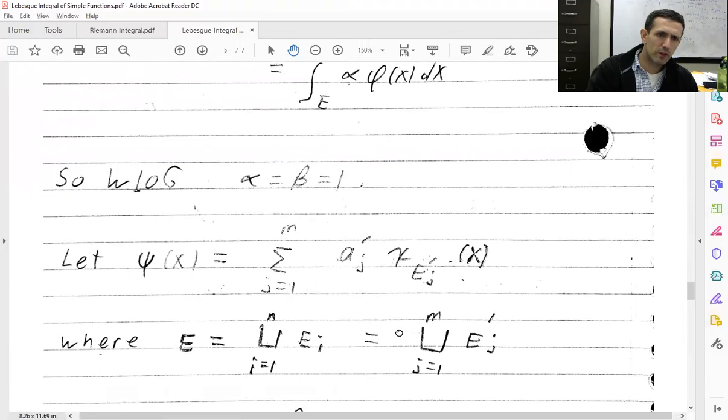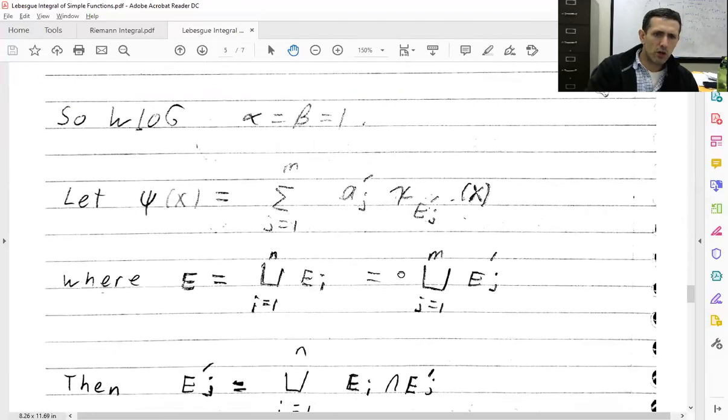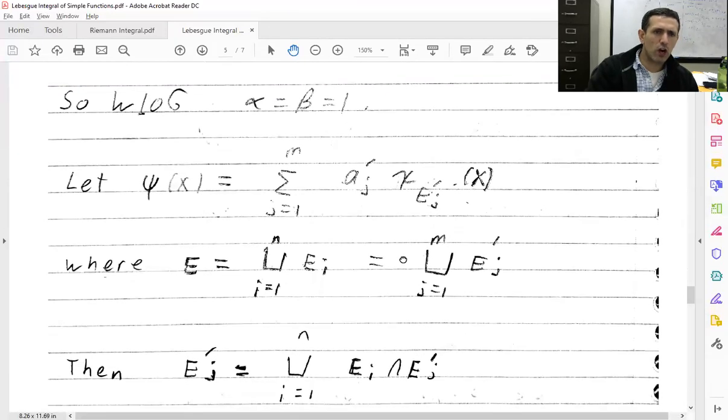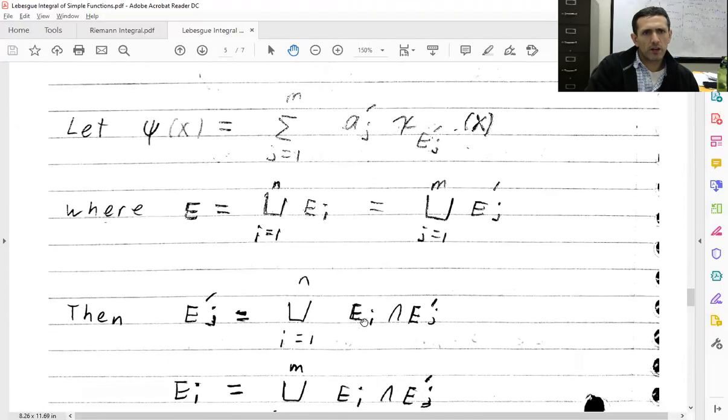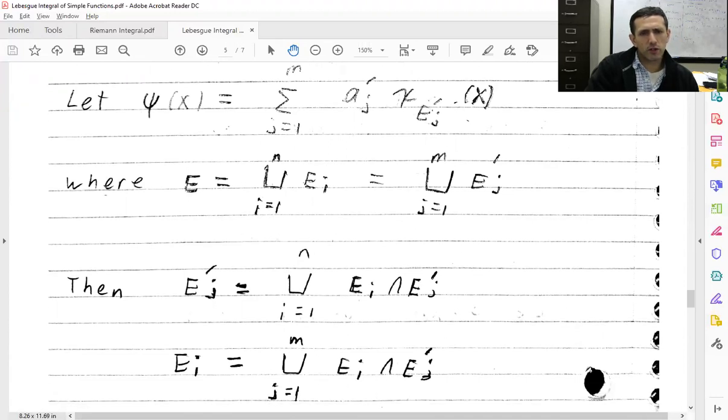Okay. So that means I can write E_j prime as this disjoint union. Just essentially use this fact here and intersect both sides with E_j prime. And if I use this fact here and intersect both sides with E_i, I get that E_i is going to be this disjoint union.